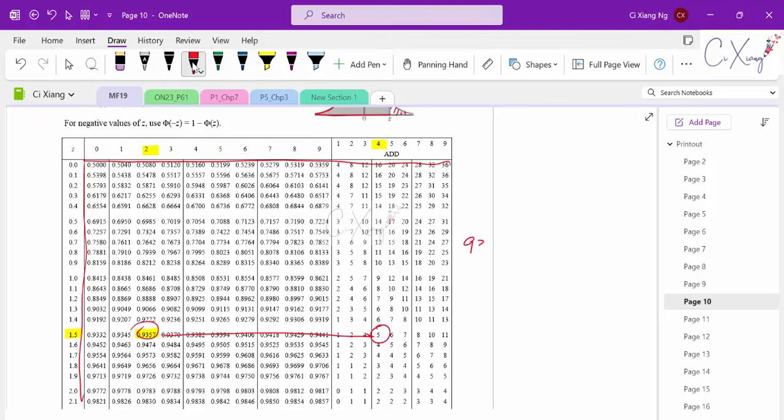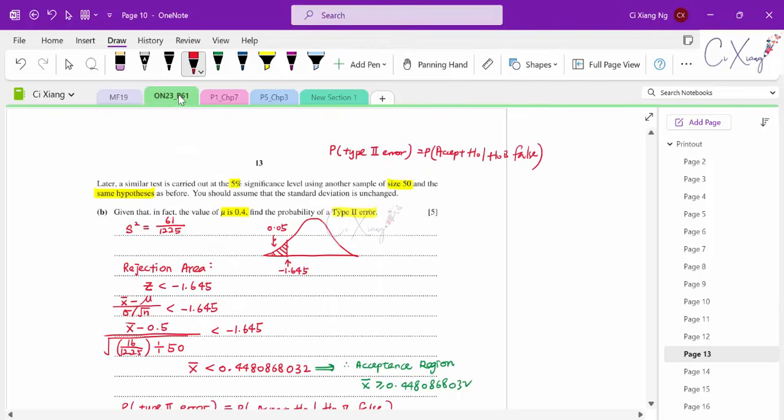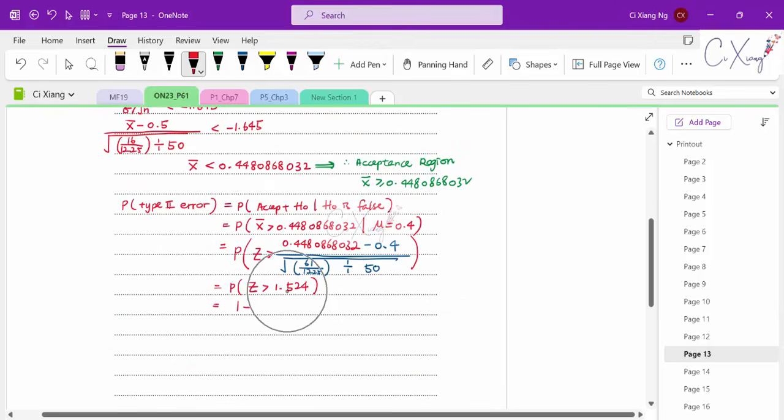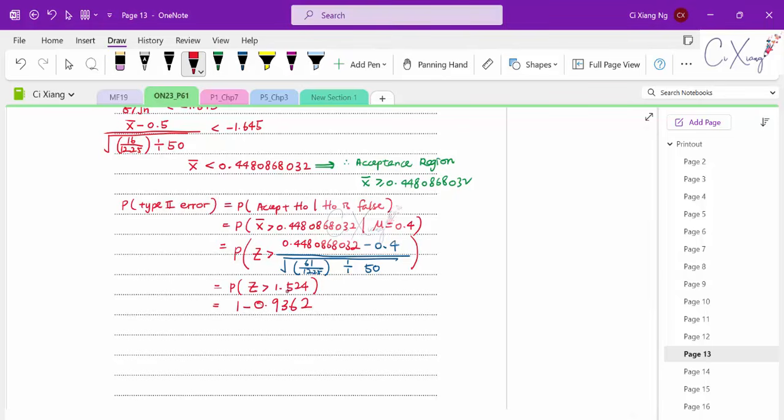So you take 9357 plus 5, so from here you should have 9362. This is the probability smaller than 1.524. So if I want to get the area greater than 1.524, I have to take 1 minus 0.9362. So by right, the correct answer should be 0.0638.